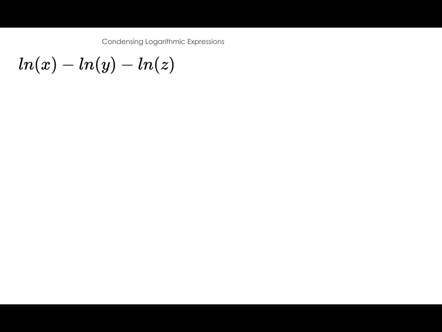So if I was to do this problem, I would start by looking for the power rule, and I don't have any coefficients here that I can bring up, so nothing to do with that. Then next, I would look to see if I can apply the product rule. I don't have any addition to condense to multiplication. So then last step is I look for the quotient rule. But here's where I run into a problem.